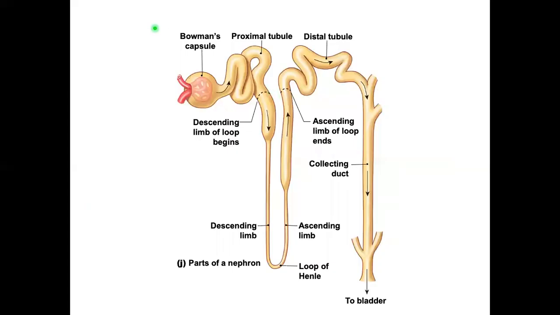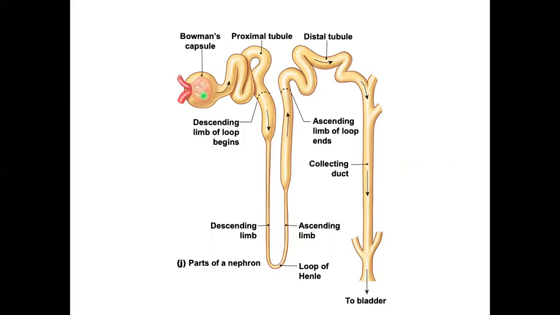Okay, so strip away everything else. The functional unit of the kidney is the nephron. So let's take a look at the nephron. So here, and you should draw this out, you guys. Here is your afferent arteriole, glomerulus, it's a capillary bed, and then efferent arteriole, right?